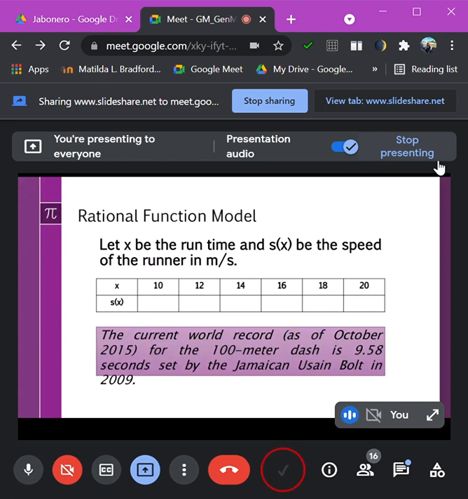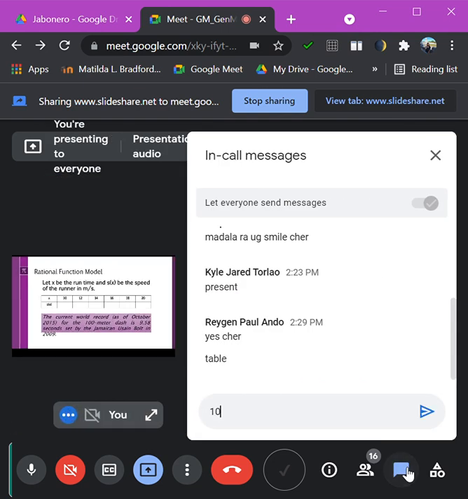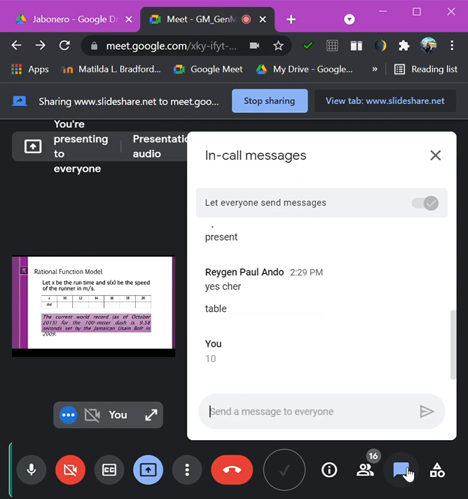You can use your calculator. So if our x is 10, the result of s of x is 10.